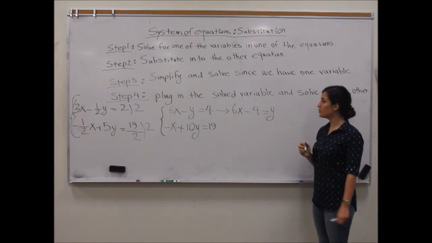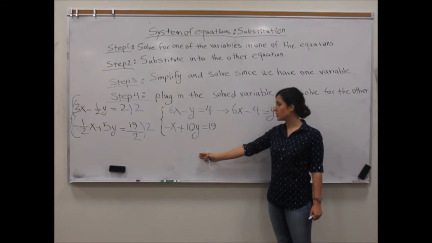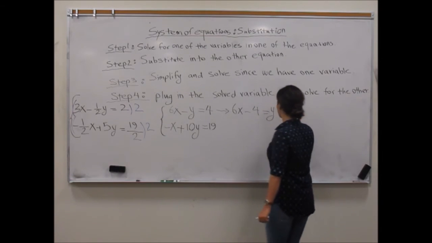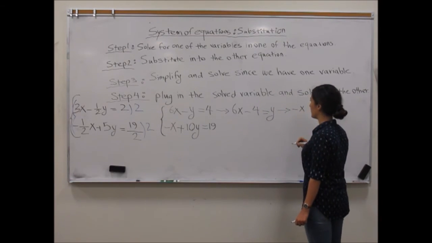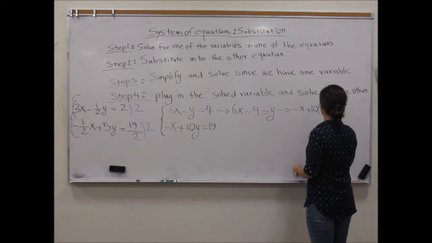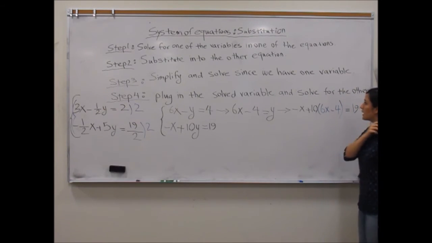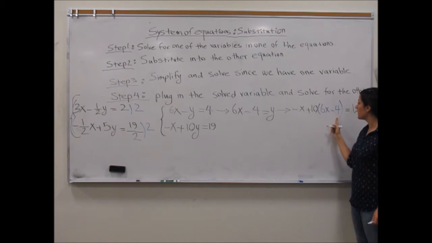And then in step 2, I'm going to substitute this 6x minus 4 in the second equation for y. So I would have negative x plus 10 times 6x minus 4 equal 19.